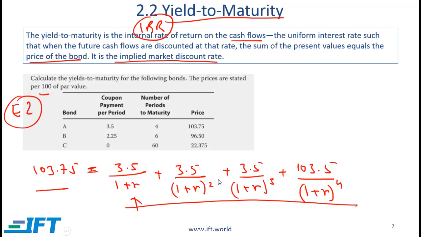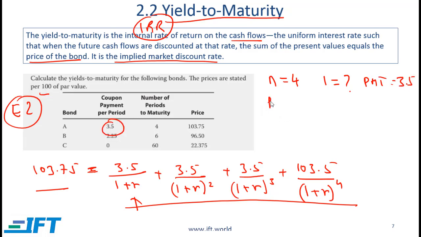Now solving this manually will be nearly impossible, but you know it can be done, and we will do this using the calculator. Here is what you plug in. N is equal to 4. The interest rate, that's what we are actually going to find. The payment is equal to 3.5.